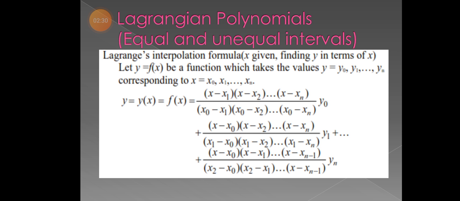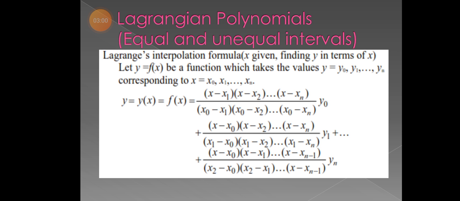For that, we have the Lagrangian formula: y equal to f of x equals (x minus x1)(x minus x2) etc., up to (x minus xn), divided by (x0 minus x1)(x0 minus x2) etc., up to (x0 minus xn), times y0. Looking at the formula in the first line, everywhere we use x in the uppercase.